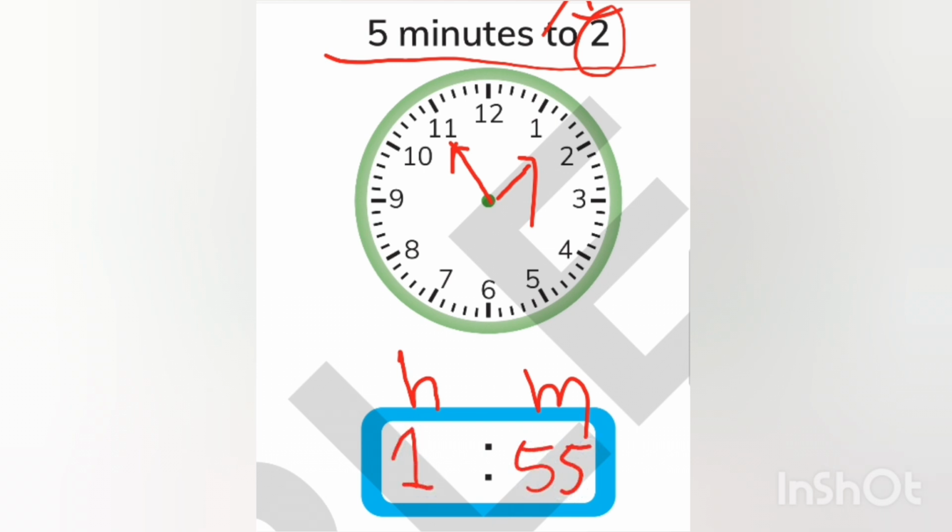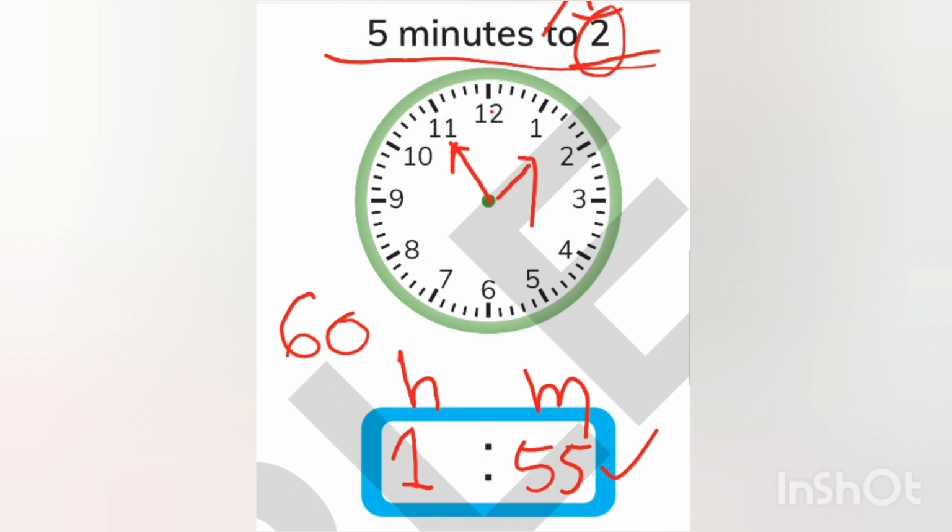So we will write 1:55. Because we know that there are a total of 60 minutes in an hour, after 5 minutes there will be 60. It means the big needle will be on 12 and 60 minutes will be completed, and then another hour starts, which will be 2.